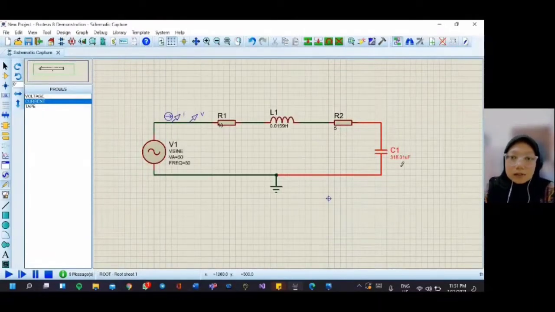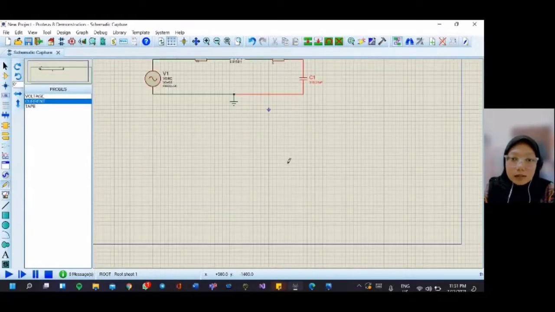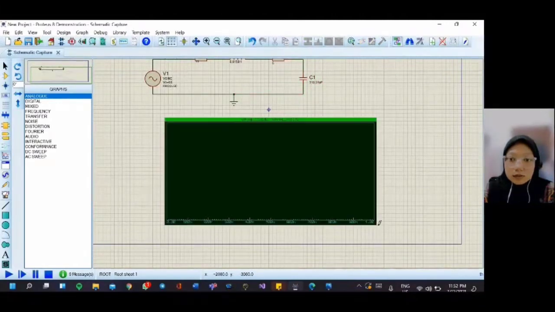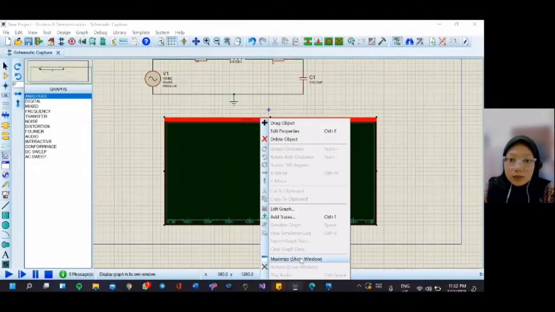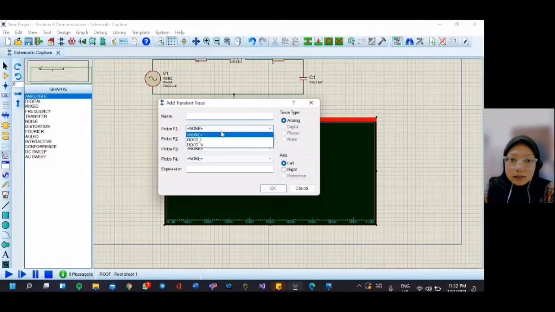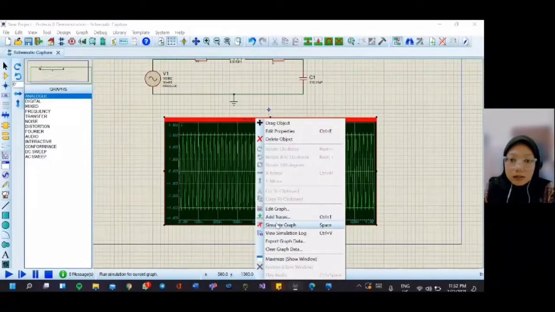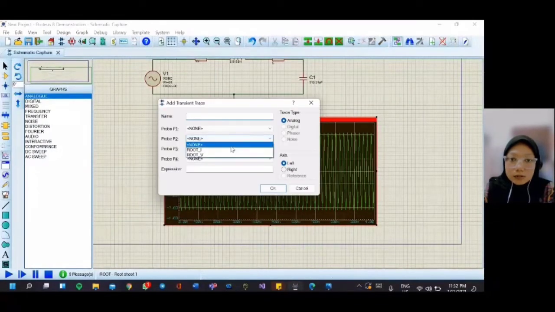Okay, after we are done with that, we need to add the analog graph here, and we add trace for the current and also for the voltage.